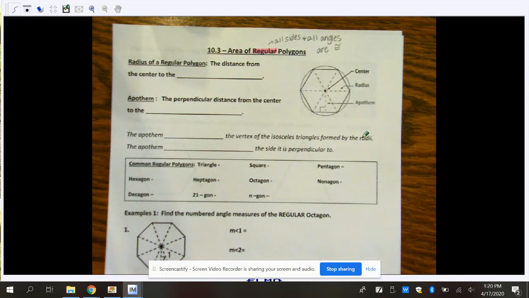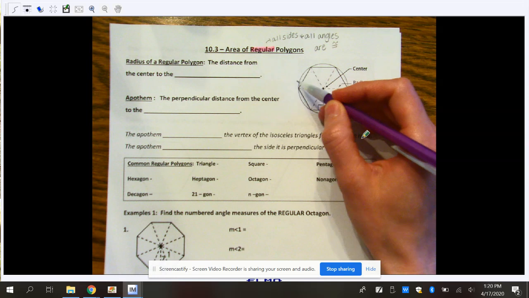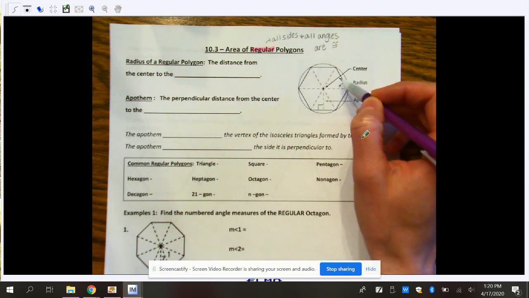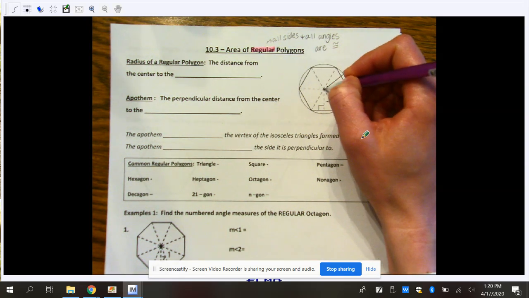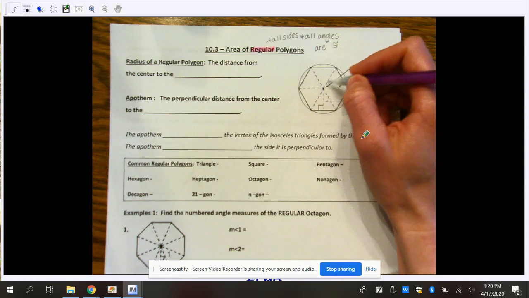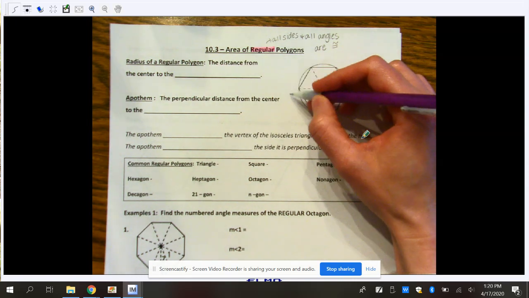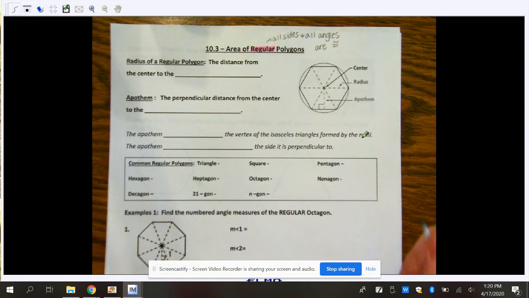Okay, and so when we're talking about the different parts of a regular polygon, if all of the sides are congruent, that means we can kind of draw this little circle around it. And so the circle is touching each of the vertices. And so when we take the segment from the center of that polygon out to each vertex, that creates a radius of the circle that is kind of outlining our polygon.